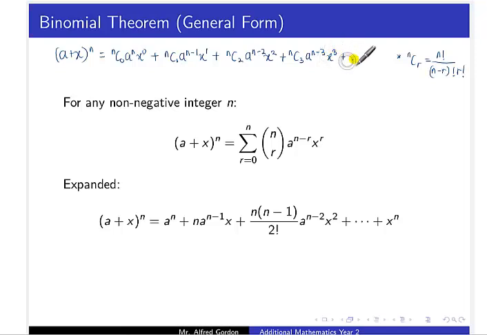So the series continues to the last term, n combination n, a to the power n minus n, and then x to the power n.